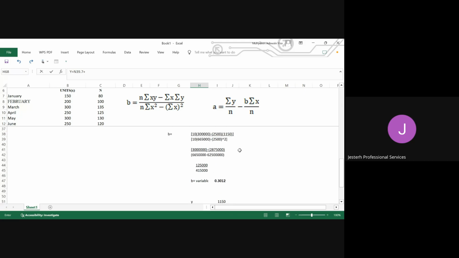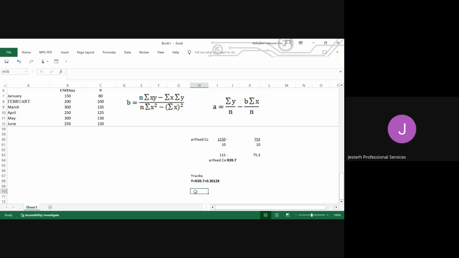Remember, our variable cost here is 0.3012. Then you put X, which is our level of activities.